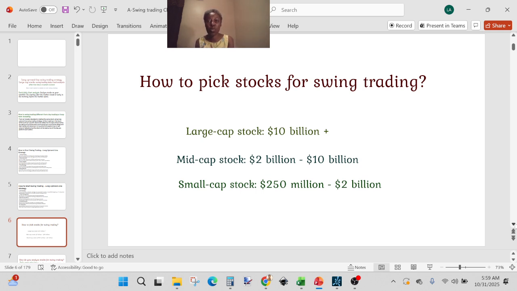So if that is your approach, your strategy will be different from mine. But having a backup plan, an optional way to make money besides my paycheck, so that I don't constantly rely on my paycheck to provide for our needs, or to help my husband provide for our needs, is what swing trading is for me: to create another source of income, to have another option of making money.